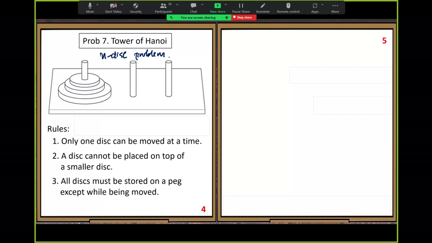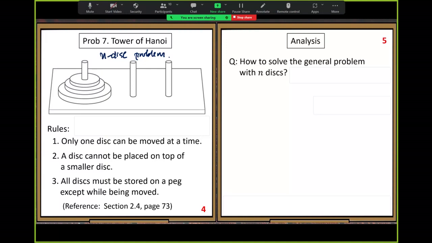So here, let's try to solve this 3-disk version first. After we solve it, then we need to extend our solution to n-disk solution. Here I give you the reference on the textbook. Analysis: how to solve the general problem with n disks.